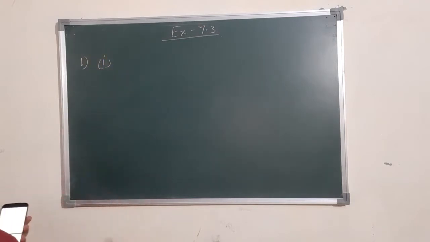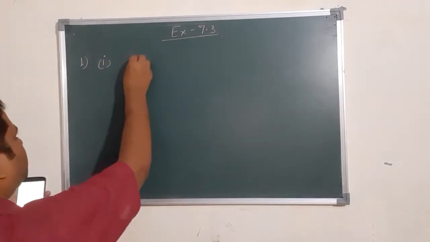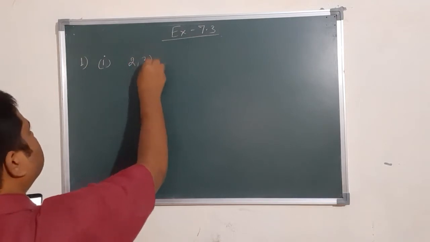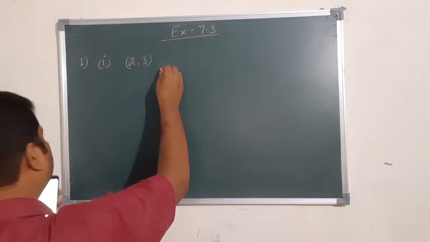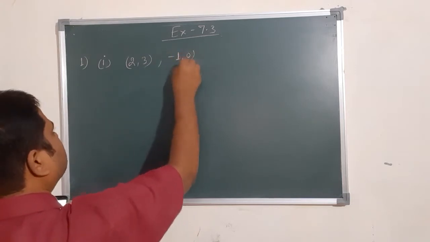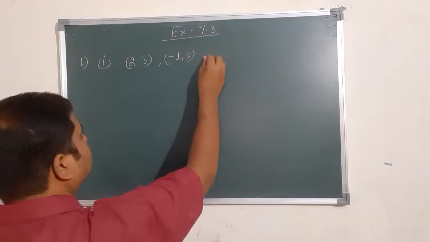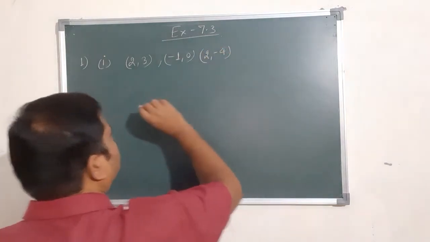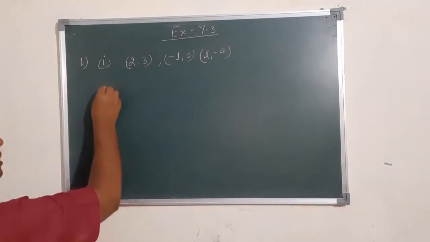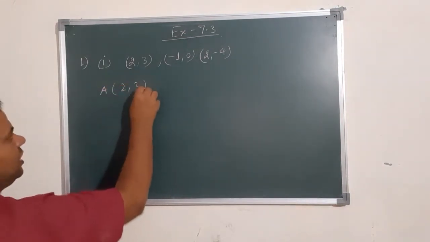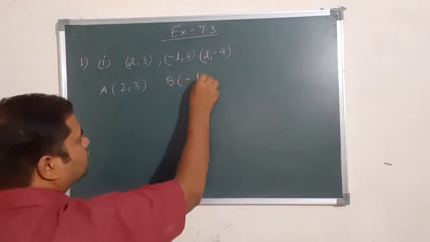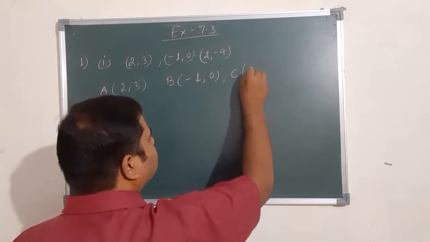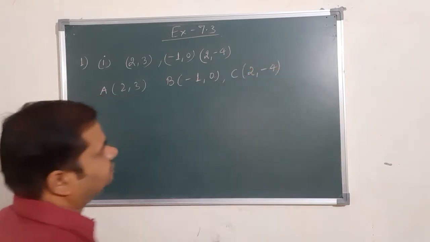First, find the area of triangle whose vertices are given 2, 3, minus 1, 0 and 2, minus 4. So these are the vertices of the triangle. Suppose A is 2, 3, B is minus 1, 0 and C is 2, minus 4.